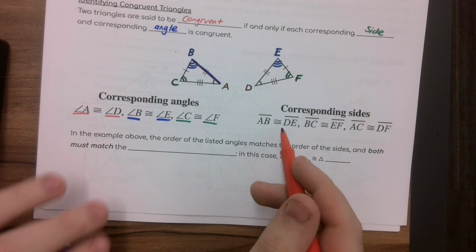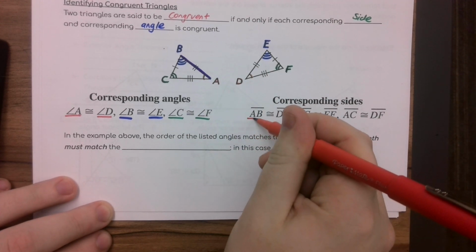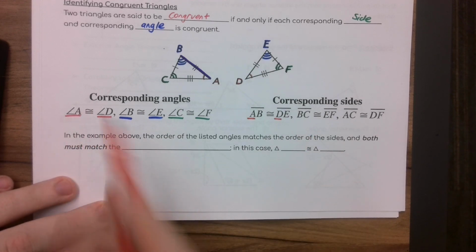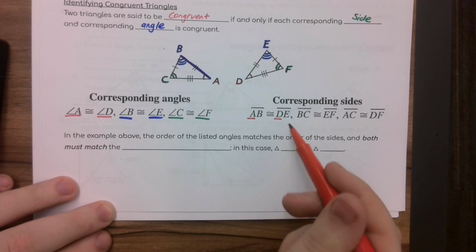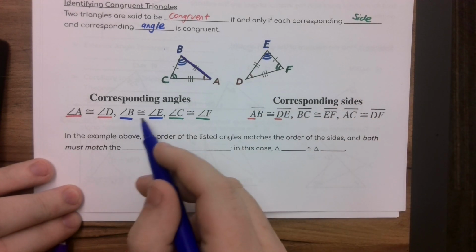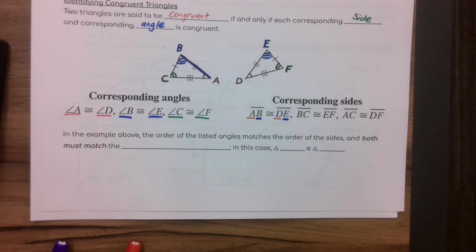Notice the order that I said the other side should be. A is always congruent to D, according to this statement we made here. So A and D should both be in the same spot in the congruent statements. Similarly, we said that B is congruent to E, so in our congruent statement, B and E are both in the second spot.